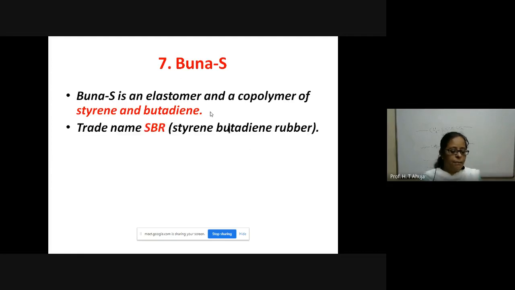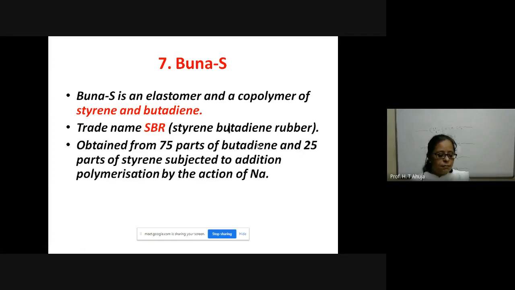The trade name SBR, that is styrene butadiene rubber, is the trade name of Buna-S, which is obtained from 75 parts of butadiene and 25 parts of styrene, which is subjected to addition polymerization by the action of sodium.